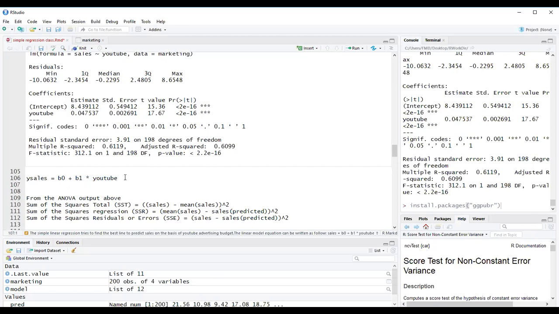So B sub 0, the intercept, is the value of your Y, which is sales, when your independent variable is 0. So if YouTube is equal to 0, then your sales will be 8.439. We'll discuss that in greater detail later.